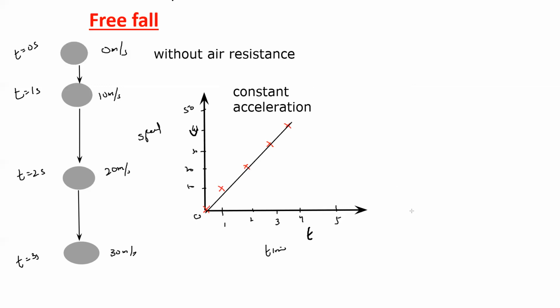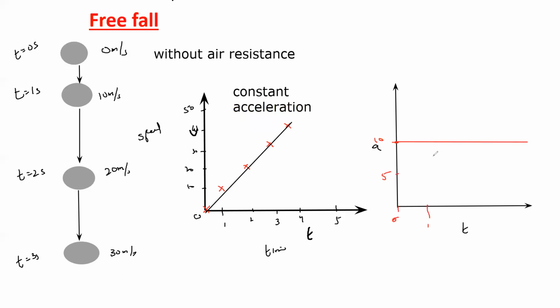If you want to sketch a graph for acceleration and time, because for falling objects acceleration is the same or constant, on earth it will be a horizontal line and the value of the acceleration will be 10.